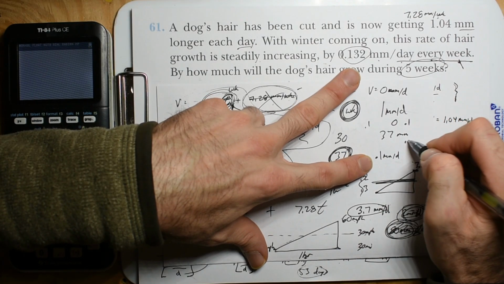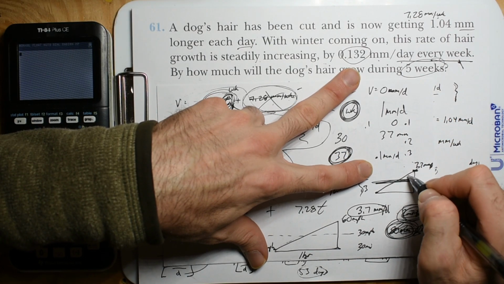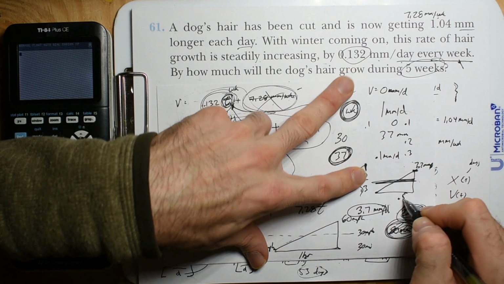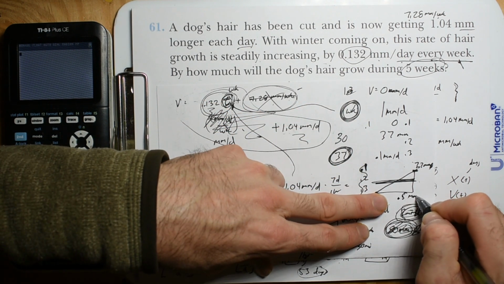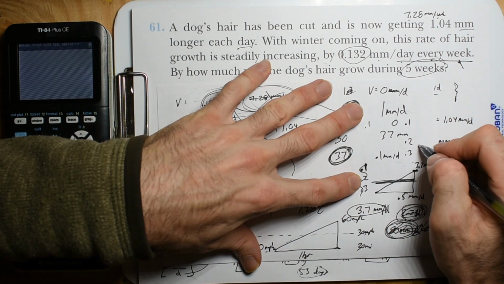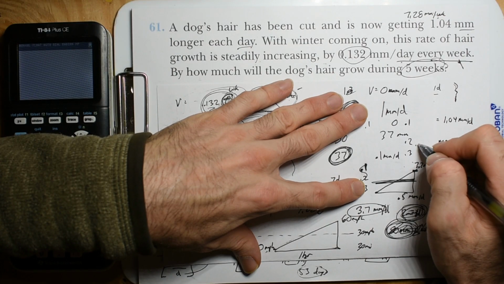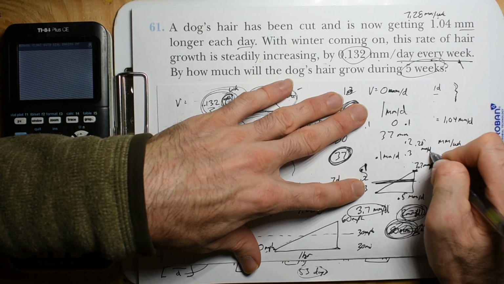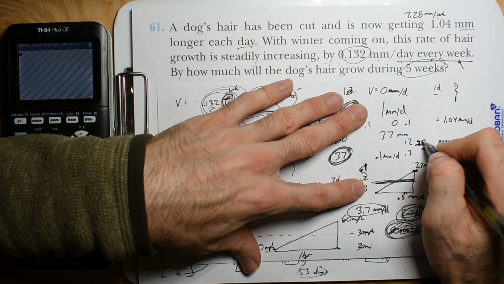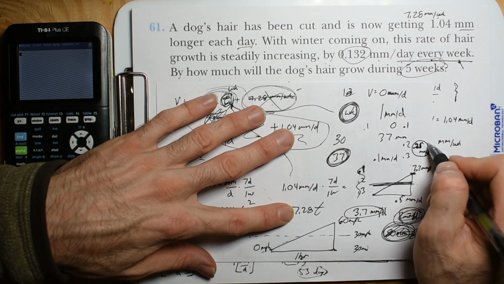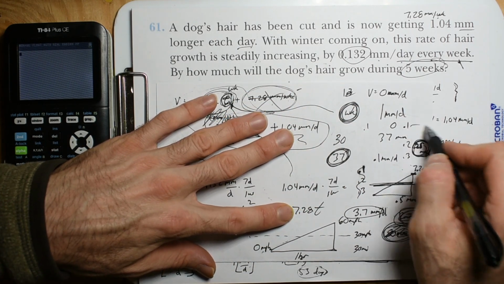So I'm going to go 0.1, 0.2, 0.3, 0.4, and by the 5th week I'm going to have a velocity of 0.5 millimeters per day. The average would be 0.25 millimeters per day.